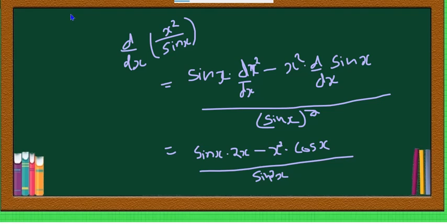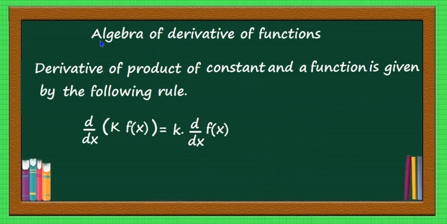And this is the method of applying the formula. Just to practice, I have given this example, and you should practice more questions so that you become fluent in the application of these rules, which is very, very important. And the last rule is the derivative of a product of a constant and a function, given by the following rule, that is d by dx of k into f of x equal to k into d by dx of f of x.